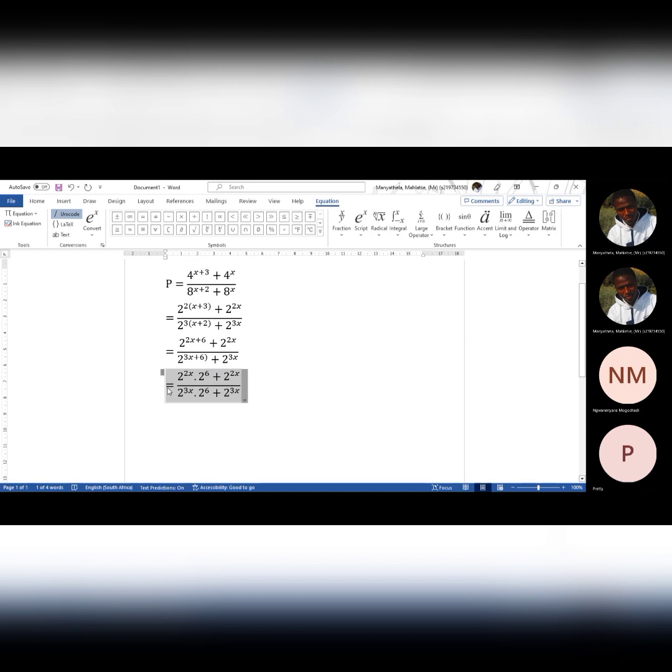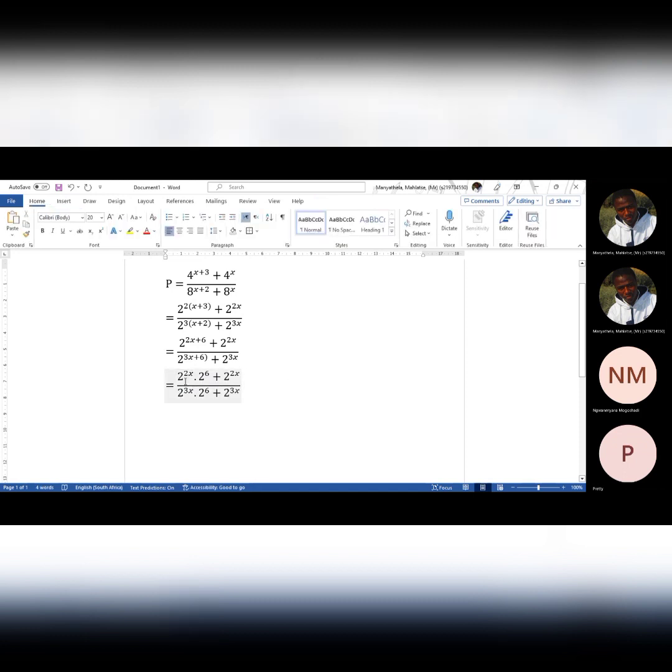Let's continue. So from here, 2 to the exponent 2x, we have it here and we also have it here, so we take it out as a common factor. We take 2 to the exponent 2x as a common factor, which means we remain with 2 to the exponent 2x times 2 to the exponent 6 plus 1.